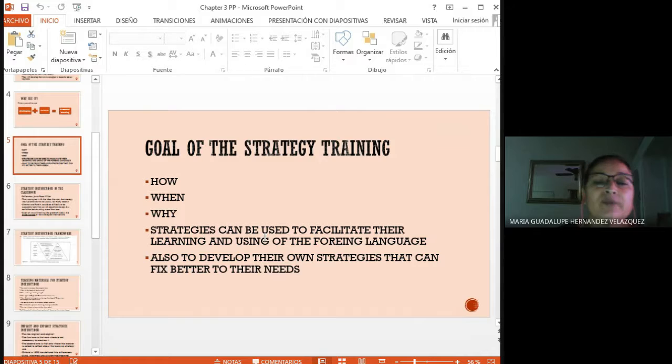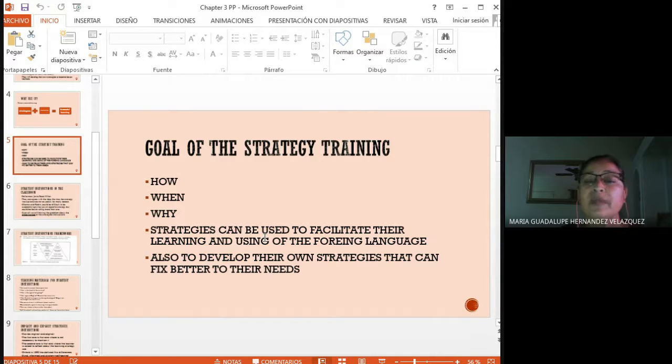The goal of the strategy training is, okay, first of all, we need to answer these questions: how, when, and why. Maybe where also. How we are going to teach them that, when we are going to teach them, and why and where. Okay, a strategy can be used to facilitate their learning and using of the foreign language.